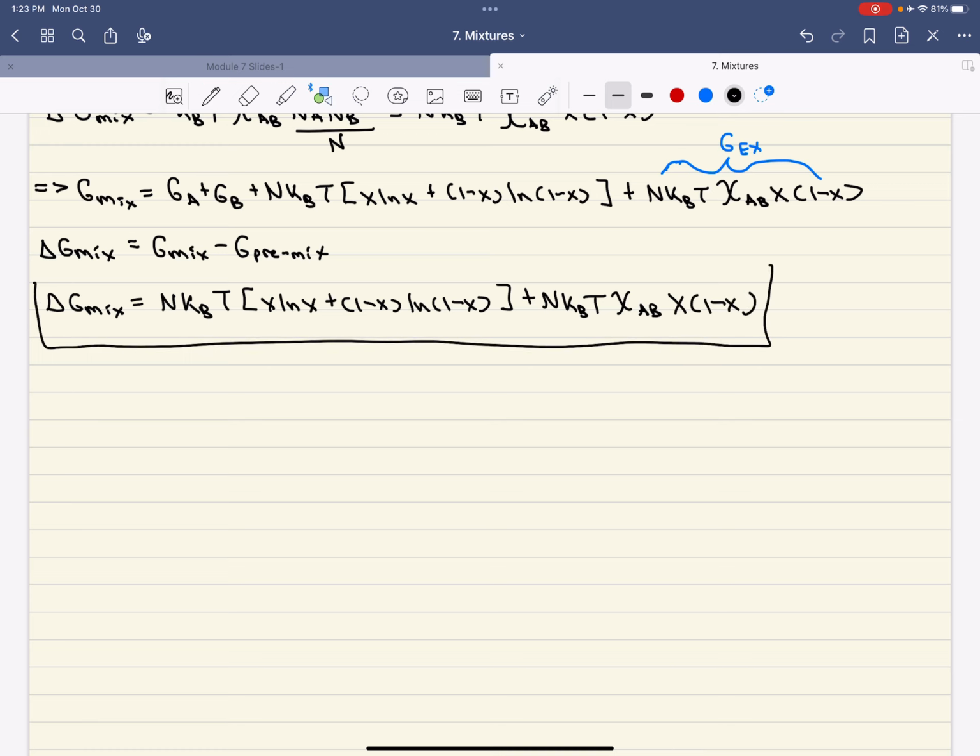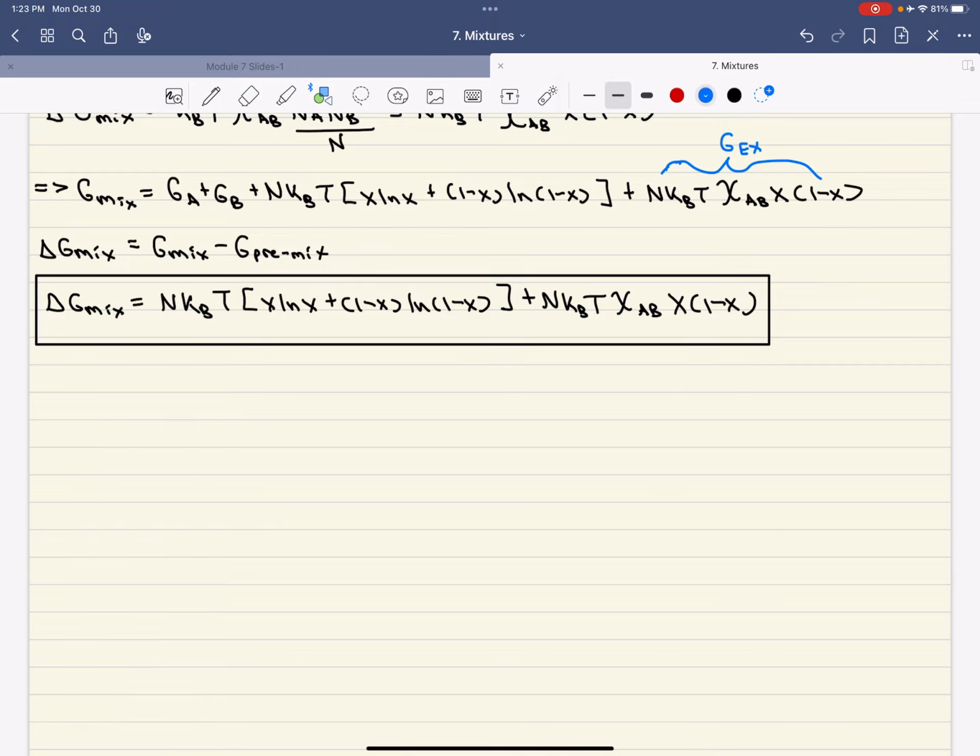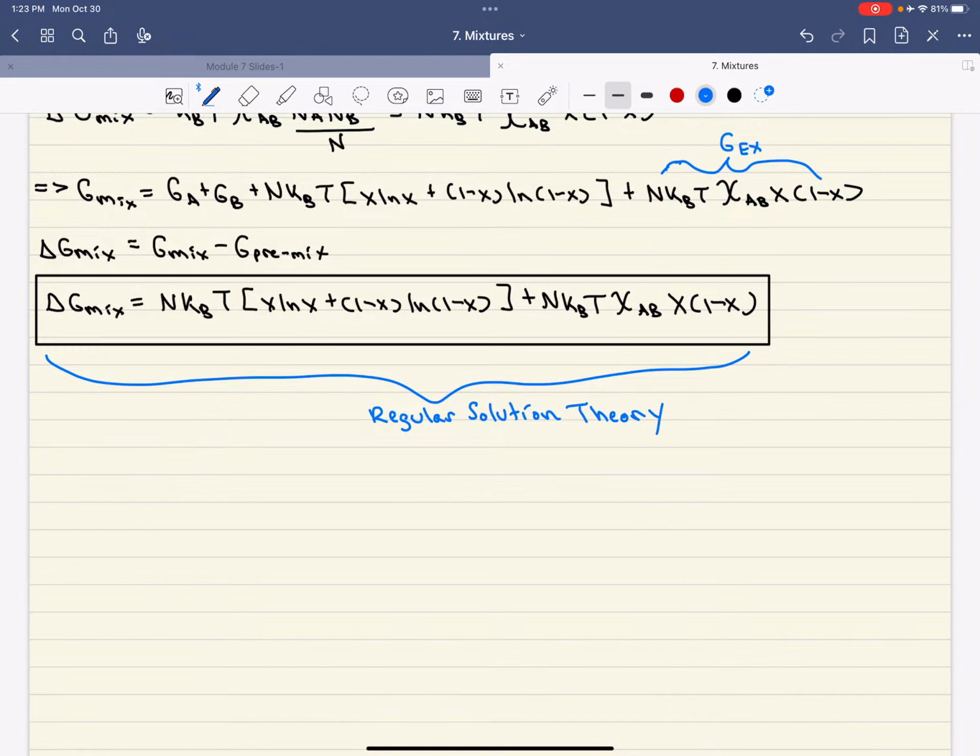This equation that we just developed is known as the regular solution theory. It's a model that can be used to describe the Gibbs energy of mixing for concentrated solutions.